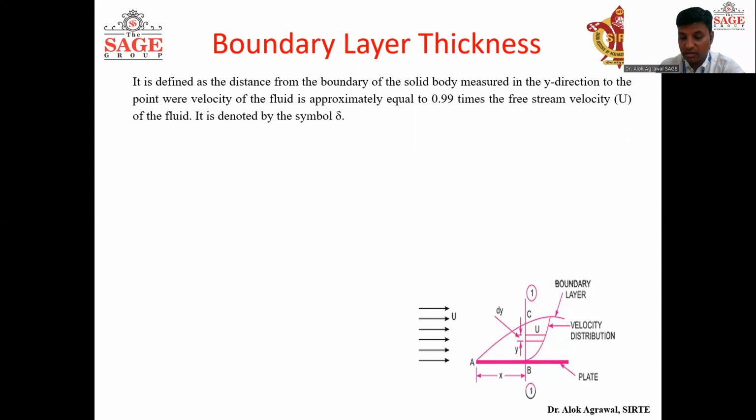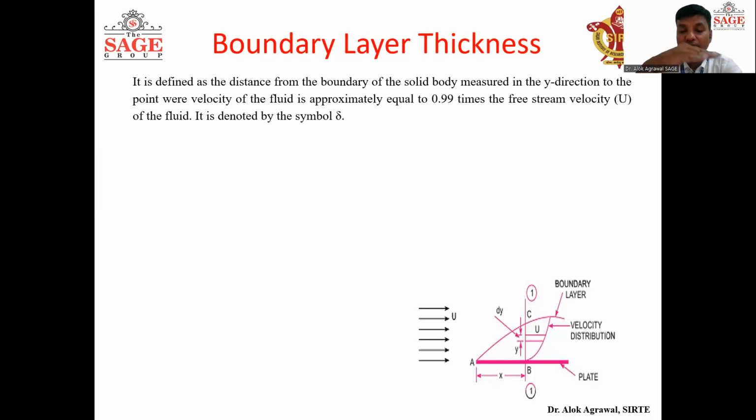Again, let us understand it in another way. When we keep a plate in a flowing fluid, the fluid layer which is very near to the solid boundary or plate, its velocity reduces to 0. And the velocity of the layer which is just adjacent is somewhat greater than 0.